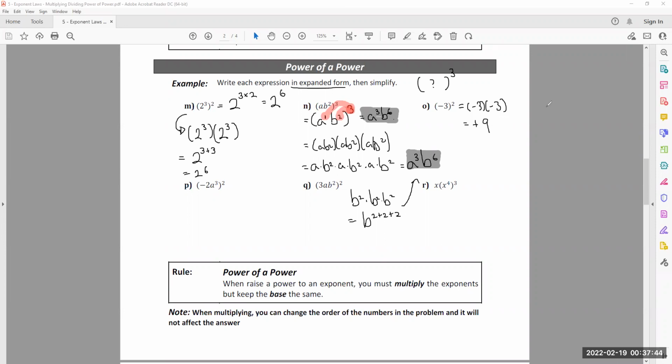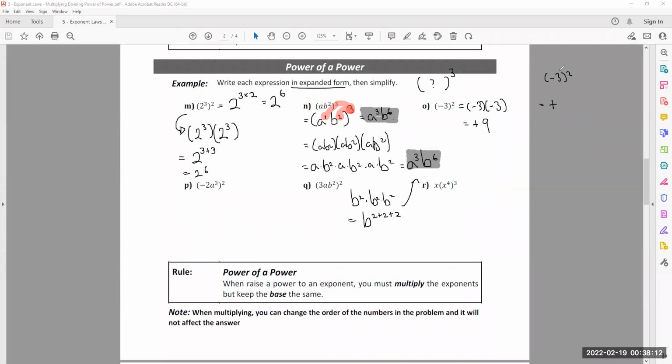Another way you could think about it in your head, if it works for you, is knowing that it's an even number. You know that the final number is going to be a plus. Knowing that the exponent is an even number, you know that's going to be a plus.